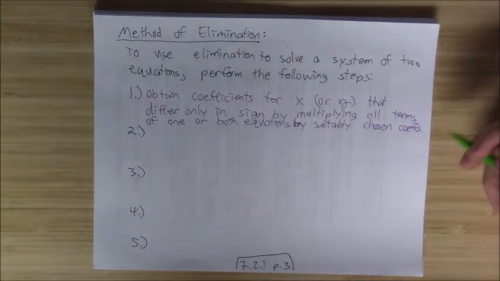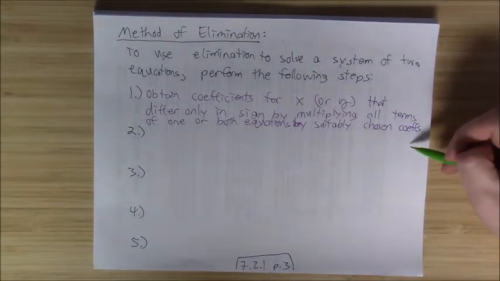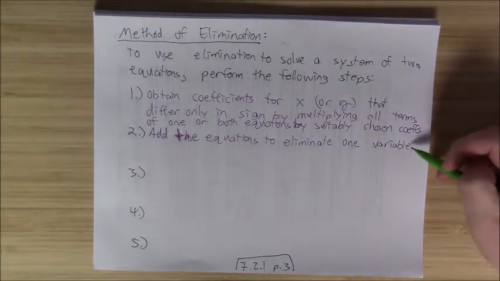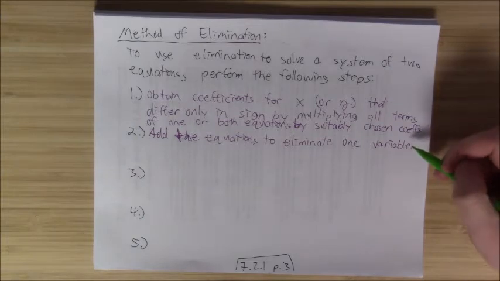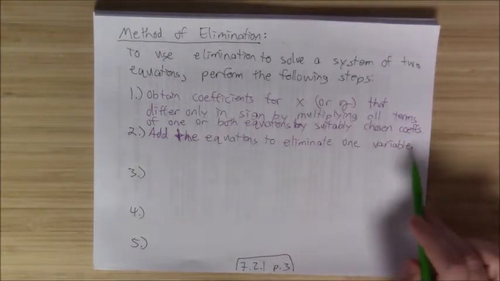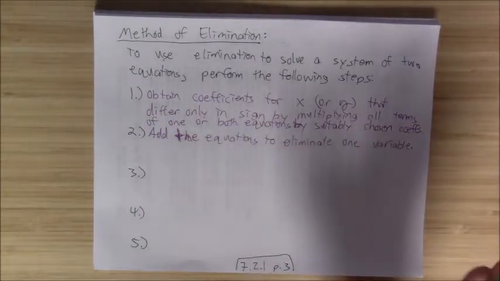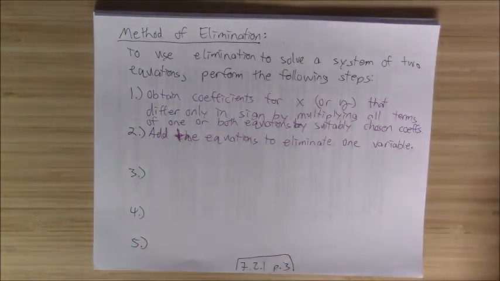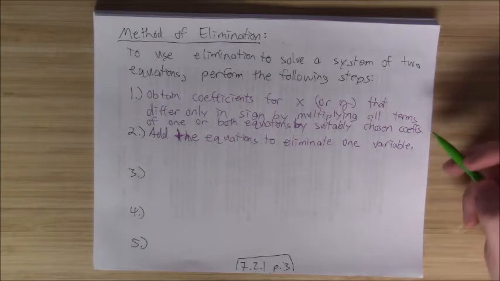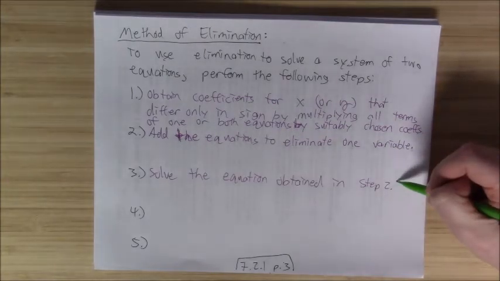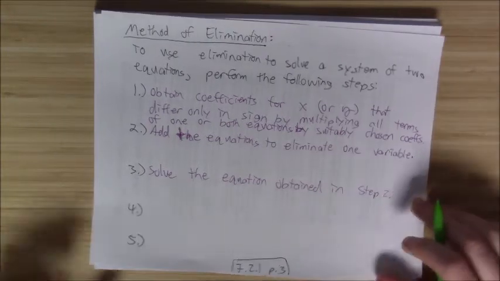Our second step is to add the equations to eliminate one variable. This is where we started last time because we already had the coefficients we needed. So in our first example, we were good to go, and step 1 we didn't even need to do. Once you have added the equations to eliminate one variable, you then solve the equation that you have obtained in that one variable.